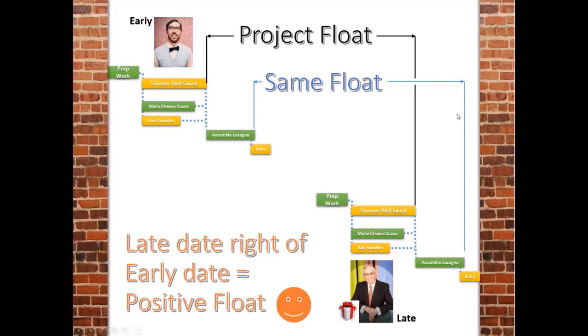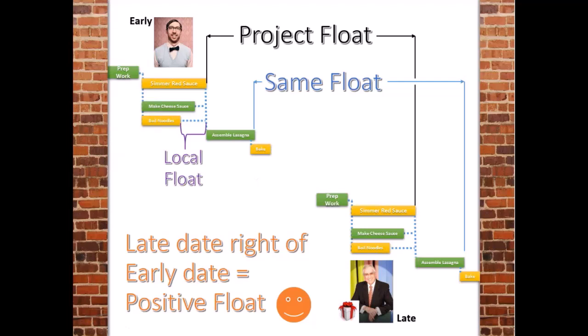When you have positive float, it means that your late date is to the right, or later in time, than your early date. And there's our friend local float, and this shows you how local float relates to the overall project float.